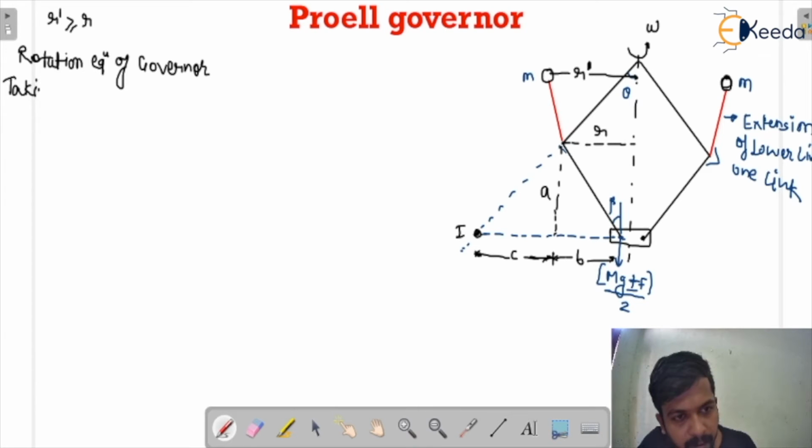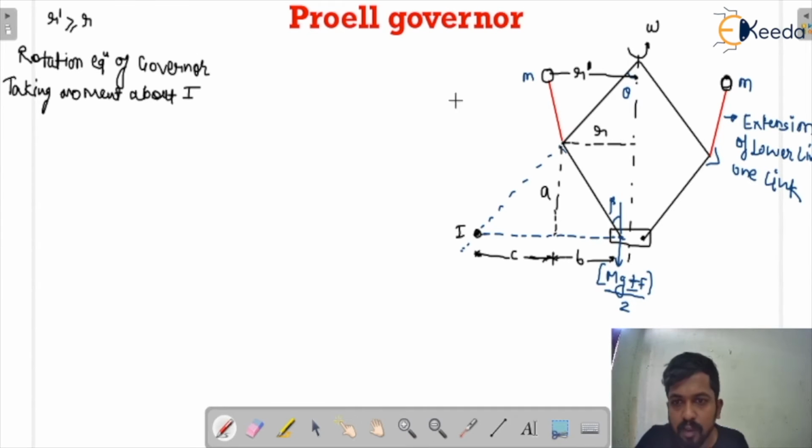So here I am taking moment about instantaneous center I. Okay, so here there will be m r omega square, we all know very well. And in the downward direction there will be a force mg, and there is another force mg plus minus f by 2.